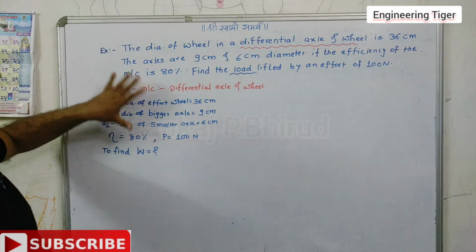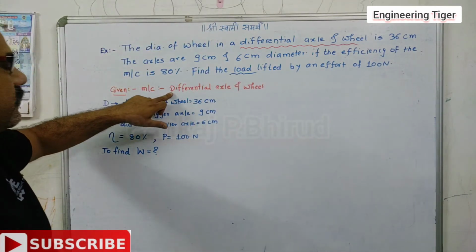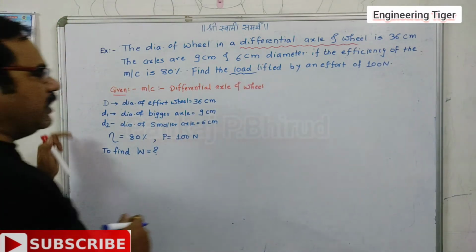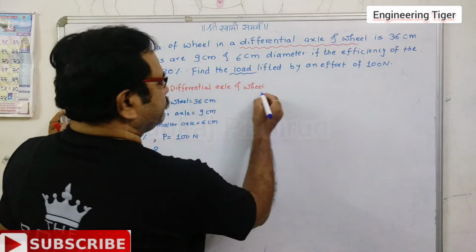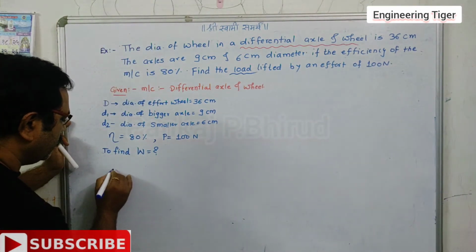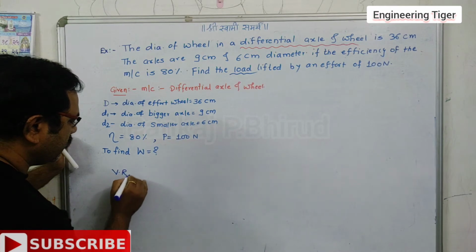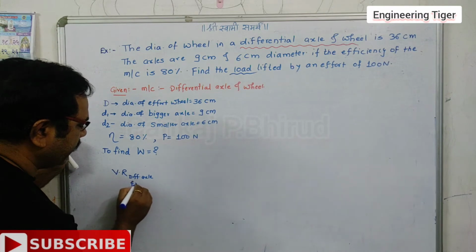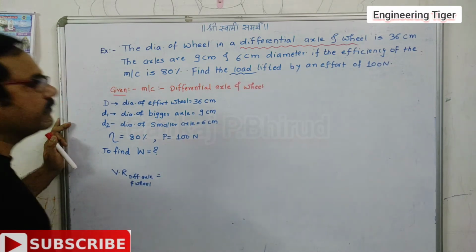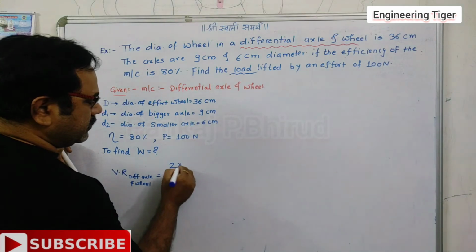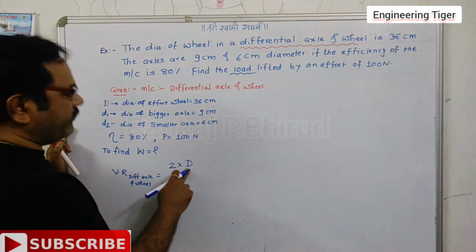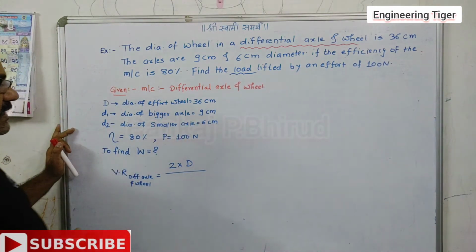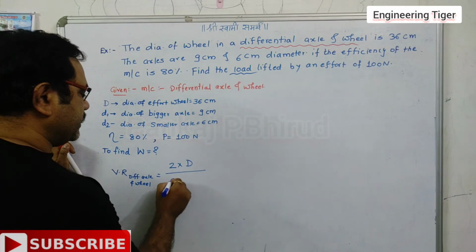Now first of all we have to find out the velocity ratio for the differential axle and wheel. So the formula of the velocity ratio of the differential axle and wheel is 2 into the diameter of the effort wheel upon the difference between the bigger axle and smaller axle diameters, that is d1 minus d2.